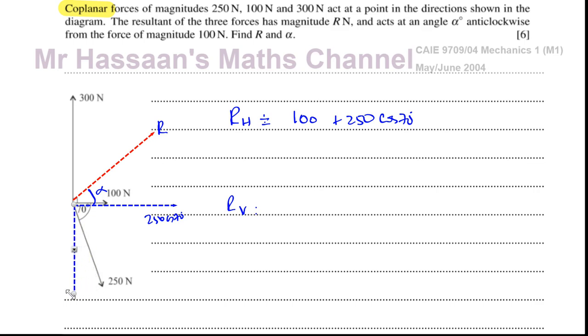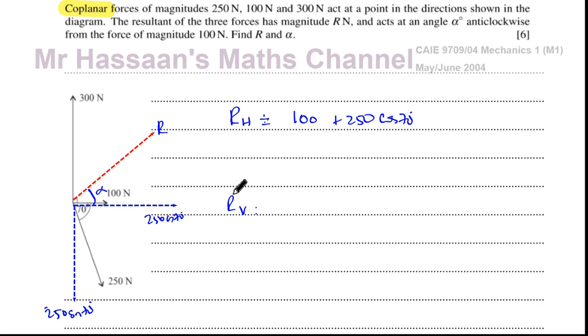So it's going to be sine, going away from the angle 70 there. You can think of that as this side being the opposite to the angle, so that this is parallel to that side. That's going to be 250 times the sine of 70.